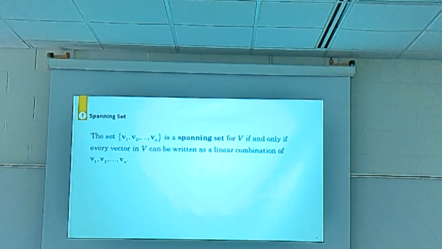We also say that that set spans your vector space. So if we know that a set, let's call it S, spans a vector space V, every single vector in V can be gotten from the vectors in S.